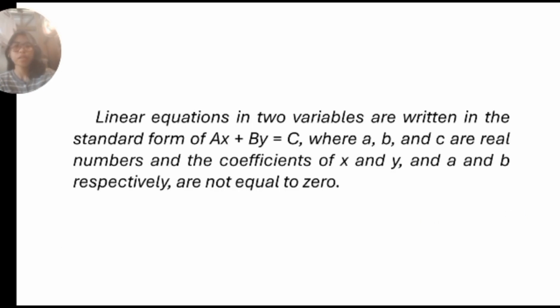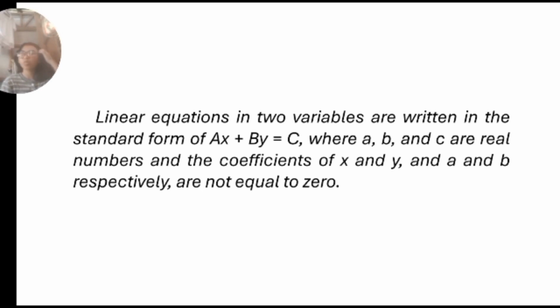Next, linear equations in two variables are written in the standard form ax plus by equals c, where a, b, and c are real numbers and the coefficients of x and y, a and b respectively, are not equal to 0. You see that in a linear equation the symbol is equal to.